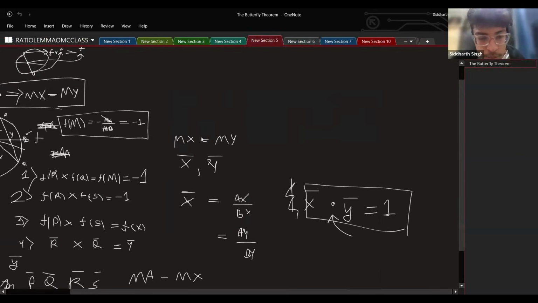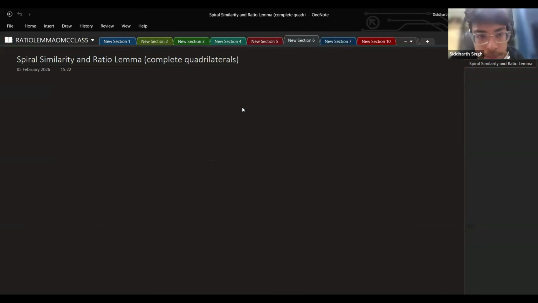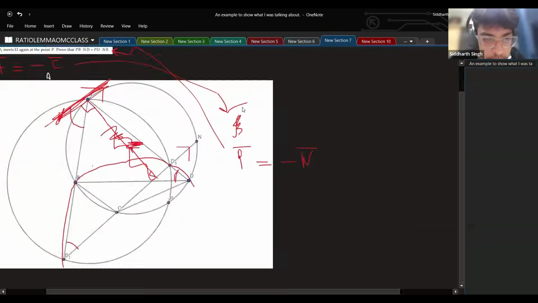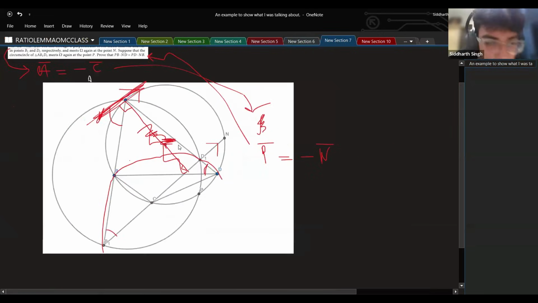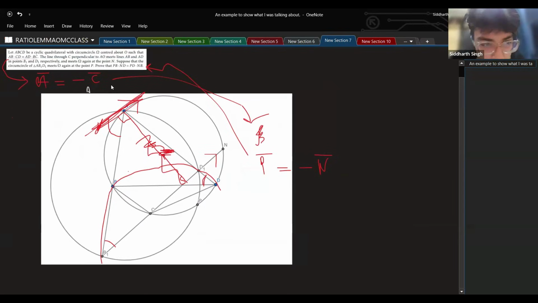First, what should be the relation between x bar and y bar? If we do this again, then we have that p bar is equal to minus n bar, which is trivial. But what else do we have? We have a bar is equal to minus c bar.